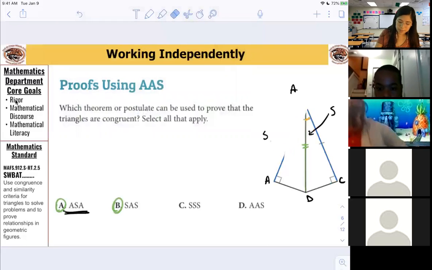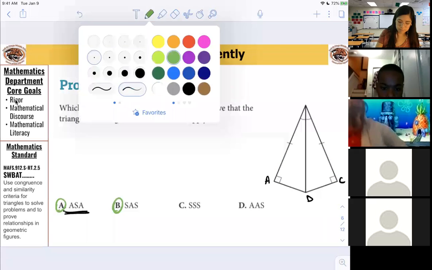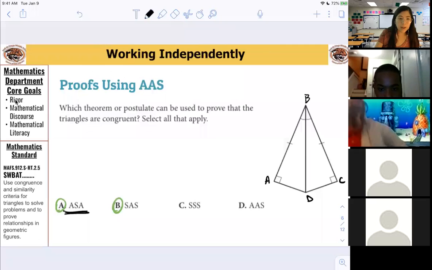All right. What about SSS? What about SSS? Does SSS work?